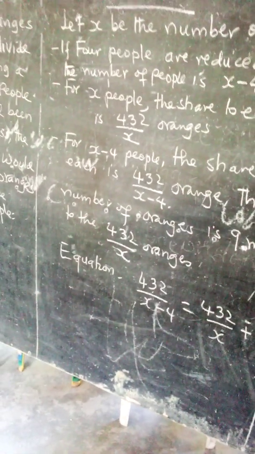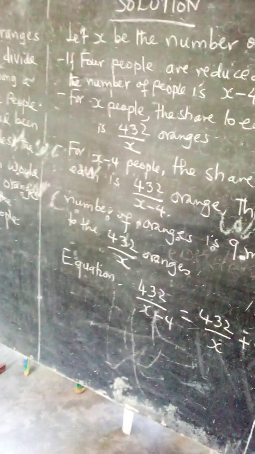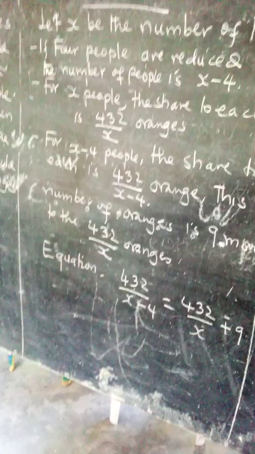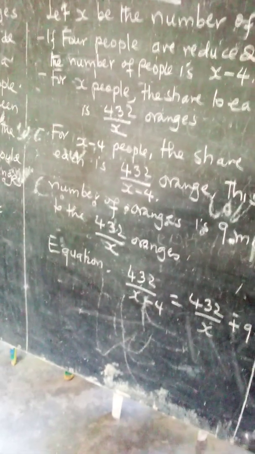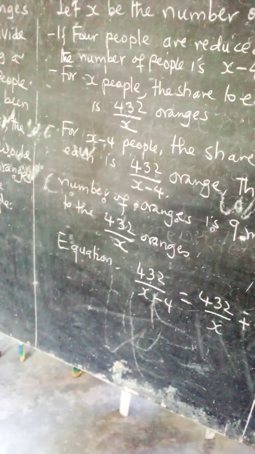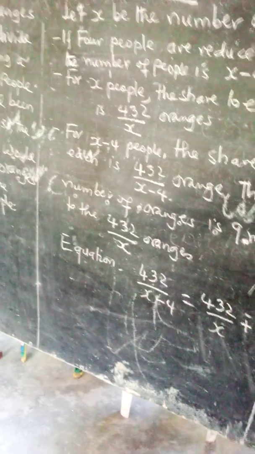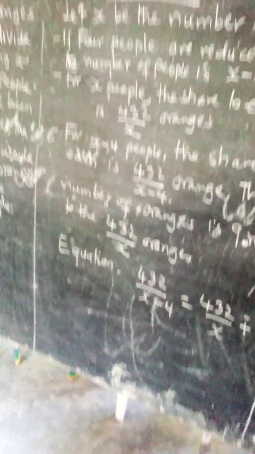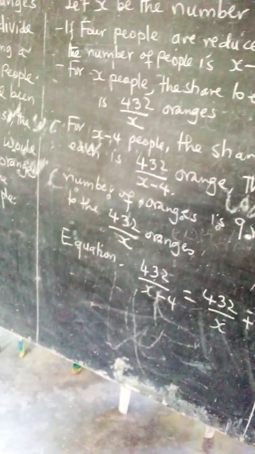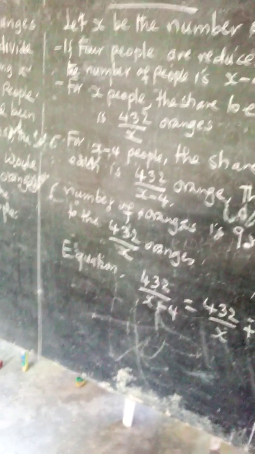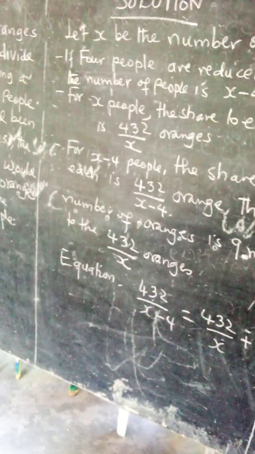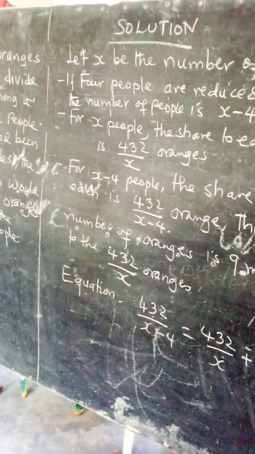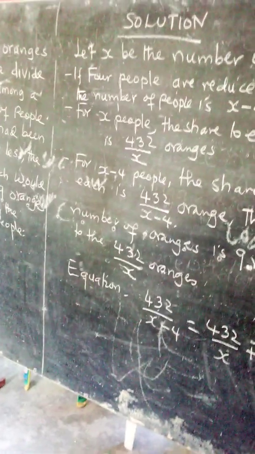We know that if the number of people decreases, then we expect more oranges. According to the information, if the number of people reduces to x minus 4, then the number of oranges each one gets will be 9 more than that which was divided among x people.